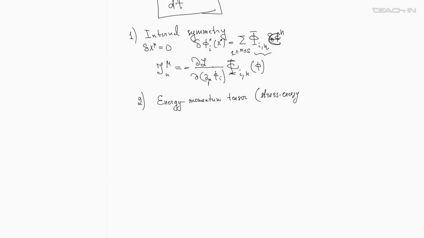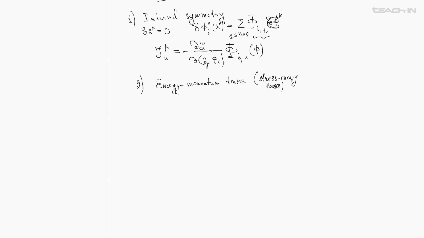And this corresponds to infinitesimal space-time transformations, which we can first start to consider from the case of a single scalar field. So consider the simplest example, a single scalar field.